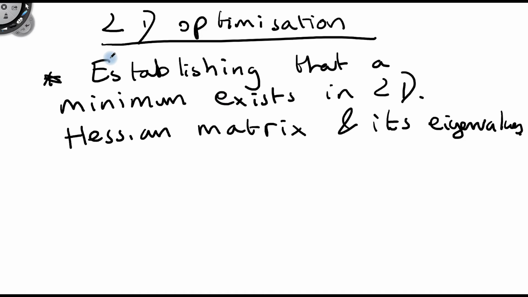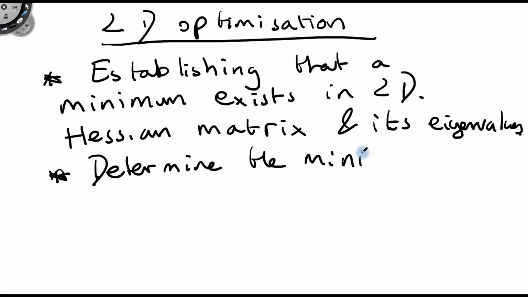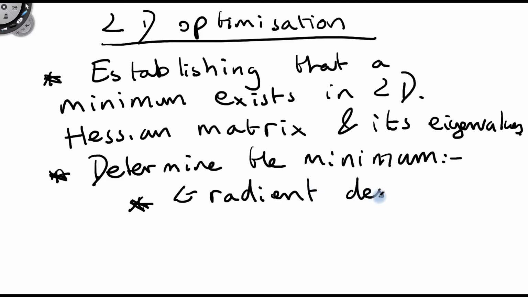This is what we've been doing the last few videos, establishing that the minimum exists in the first place, and then obviously we want to determine the minimum. And these are the last two topics of this term's work, which will be two methods. One's called gradient descent, and they're both related to one another, and conjugate gradient descent.